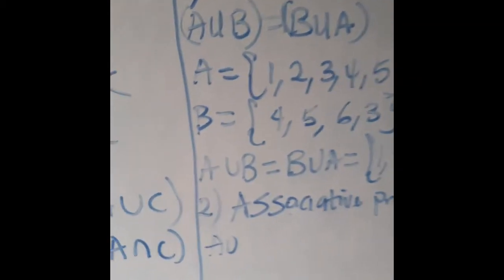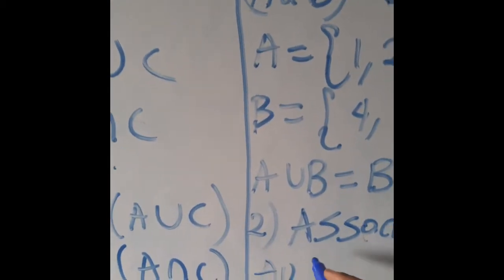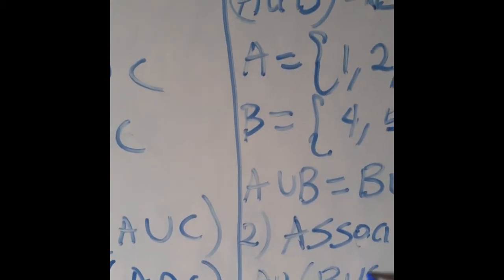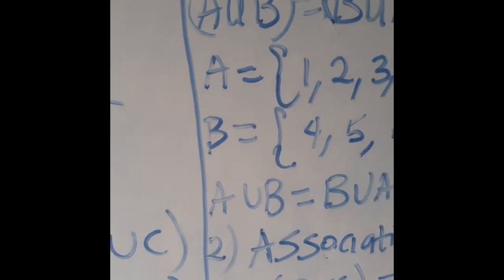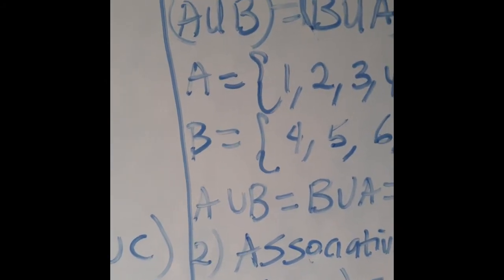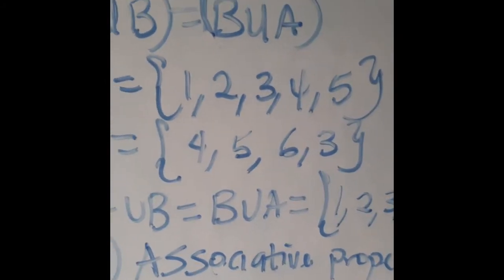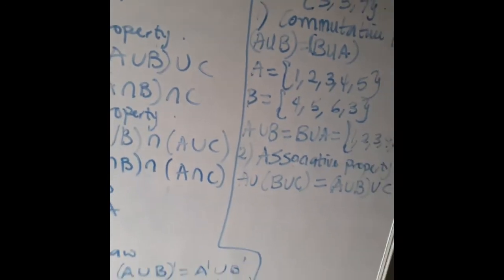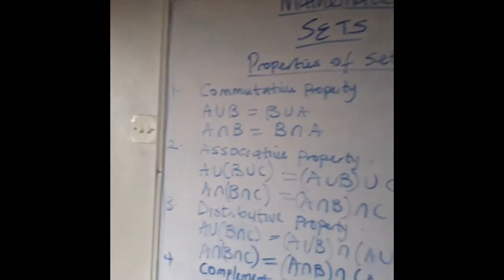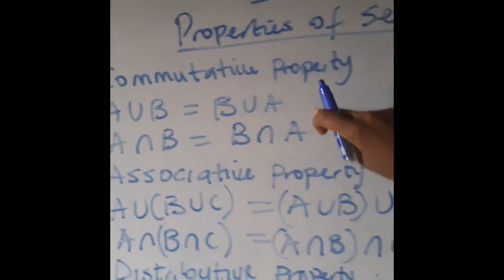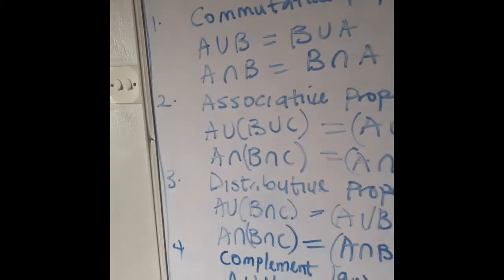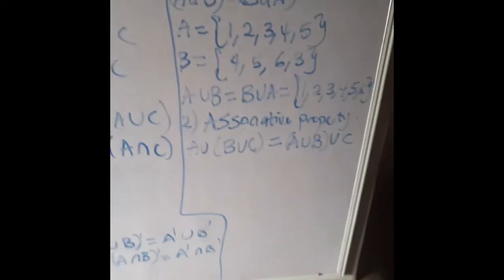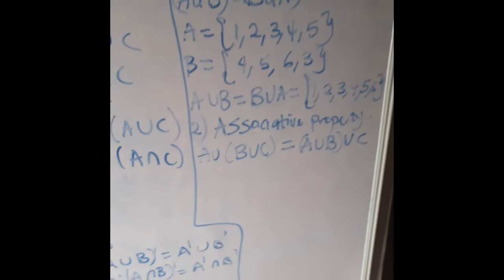So the associative property says A union (B union C) equals (A union B) union C. Like I said, I will do the first one, you will do the second one. So associative property, we are doing this now.